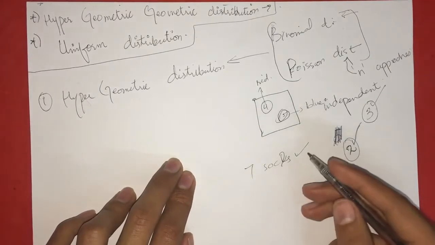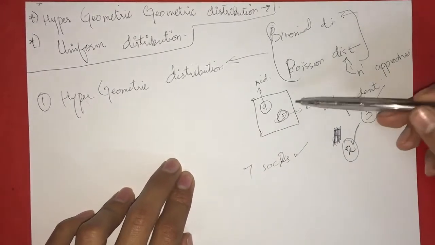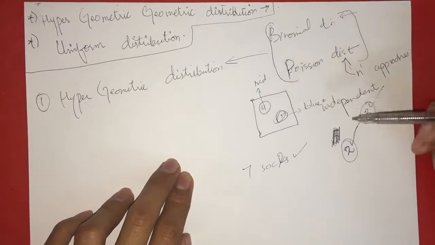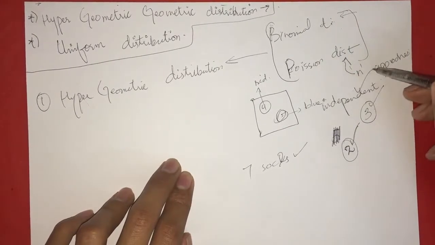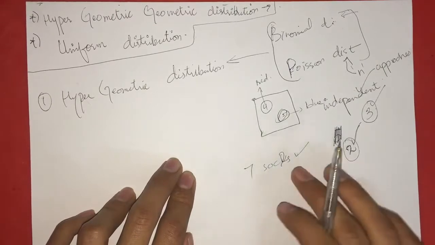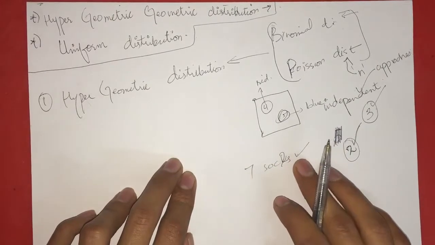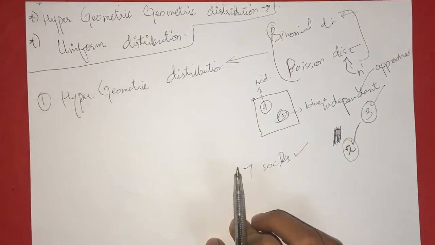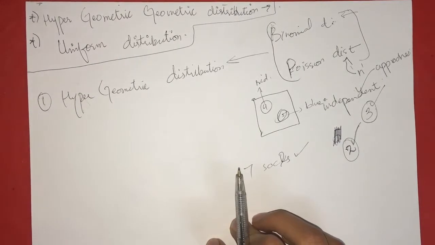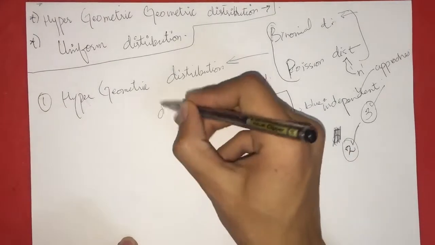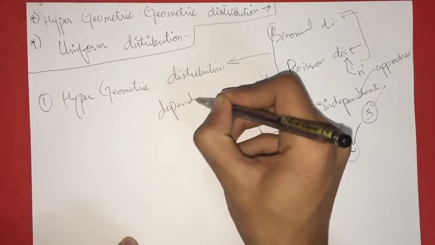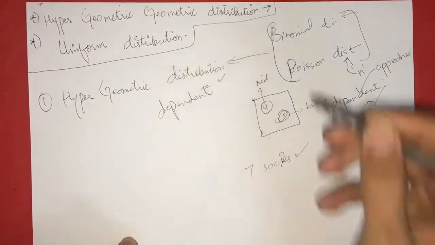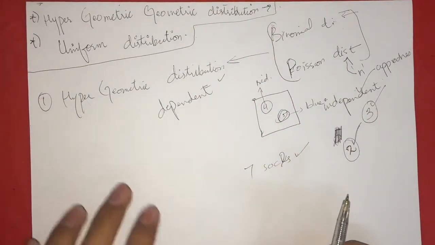If you do it with replacement, this sampling is going to be independent, because you're replacing, so the probability is not going to be disturbed. It's going to remain the same throughout the experiment. But in a dependent event, the occurrence of one event affects the occurrence of another event.